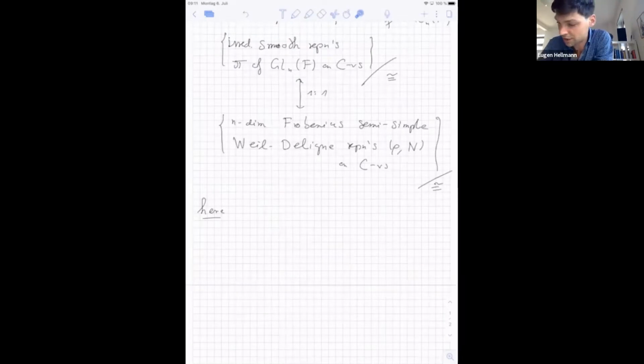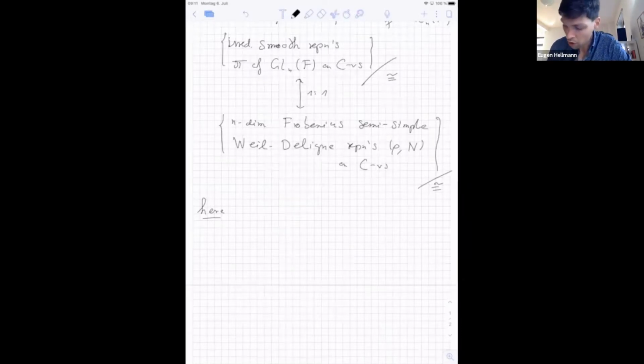These are representations on C-vector spaces where each vector has open stabilizer, so they're continuous for the natural locally profinite topology on GL_n(F) and for the discrete topology on C. So I rather explain what these Weil-Deligne representations are.